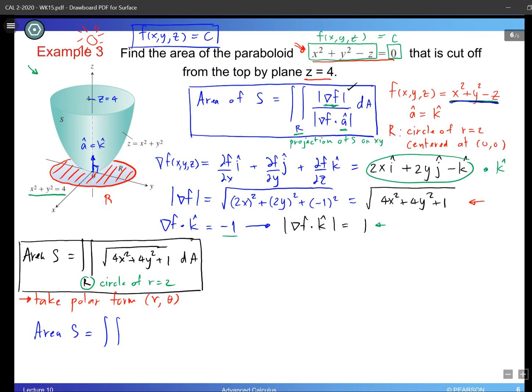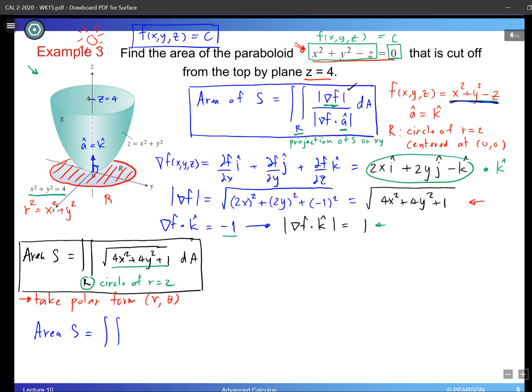Now looking at this, I need to transform everything I have over here into R and theta, and I am going to use the relationship between polar coordinates and the Cartesian coordinates, and that is R squared equal to x squared plus y squared.